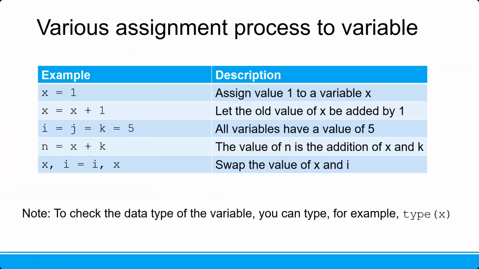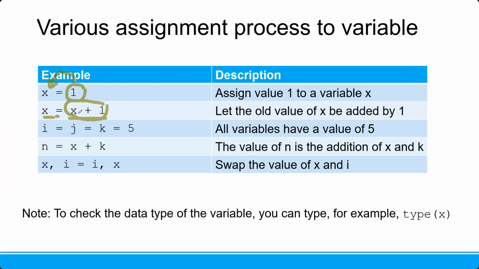There are various assignment processes for a variable. First, we can just assign any value. For example, I want to assign 1 into the variable x. The other kind of assignment is using another variable. So x equals to x plus 1. What does it mean?